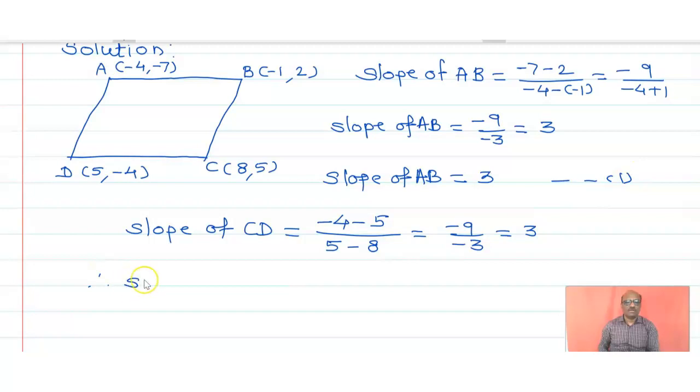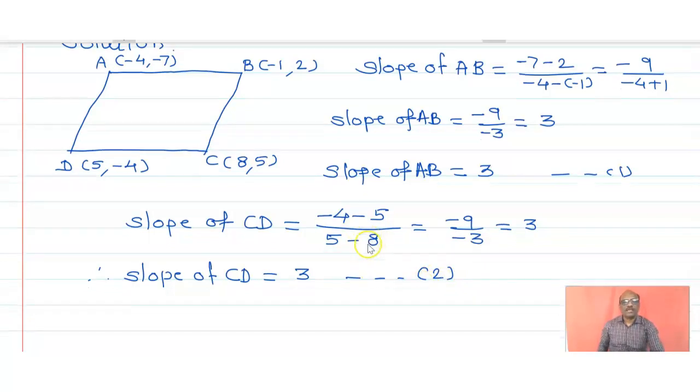Therefore slope of CD is equal to 1, the second one.